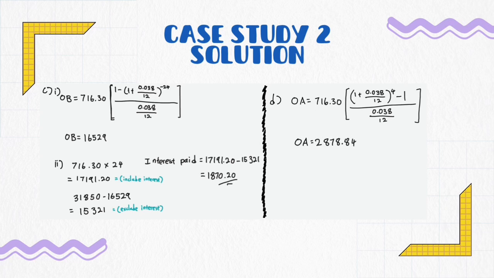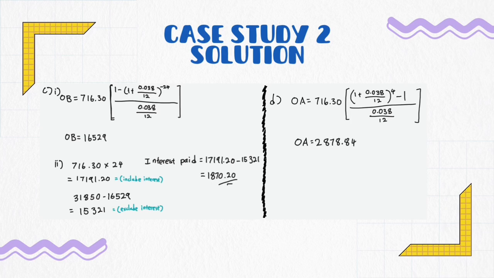For question D, we need to calculate how much she should pay in the 4th month if she missed the first 3 months. So to calculate it, we need to use the future value formula.